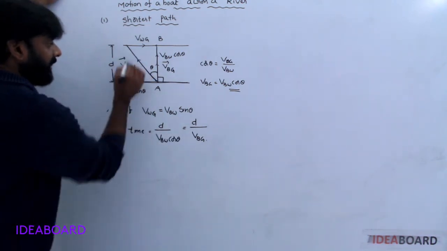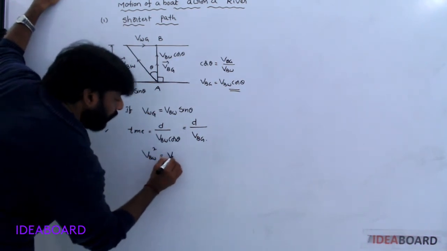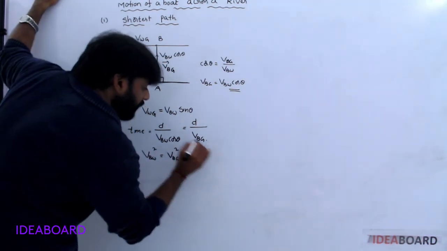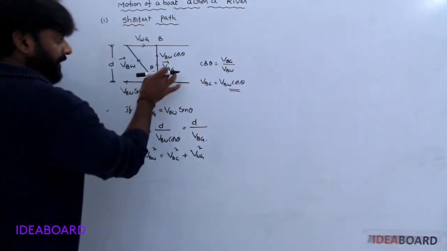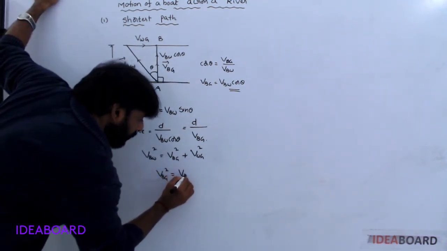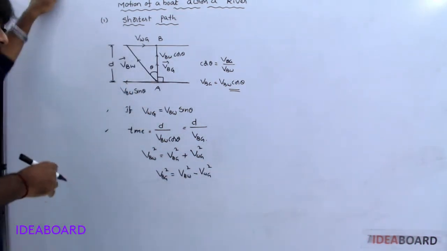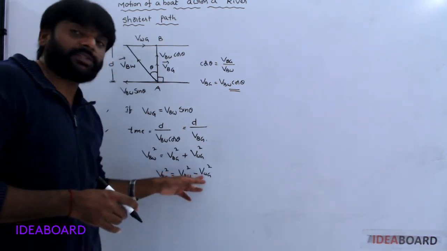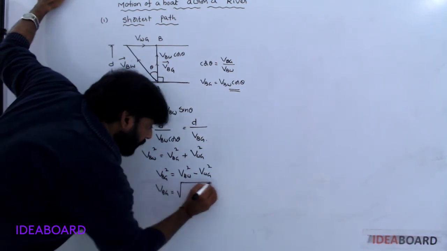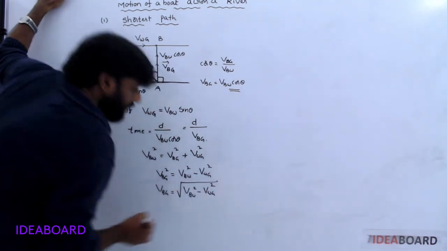It is a right angle triangle. So based on that, boat with respect to water square equals boat with respect to ground square plus water with respect to ground square. The required one is boat with respect to ground. Boat with respect to ground square equals boat with respect to water square minus water with respect to ground square. Understood? Boat with respect to ground is equal to the square root of boat with respect to water square minus water with respect to ground square.